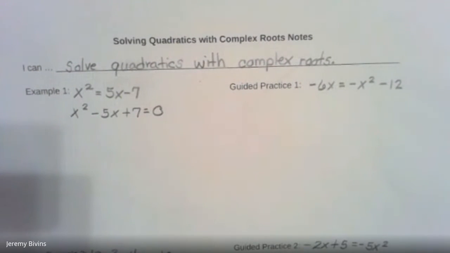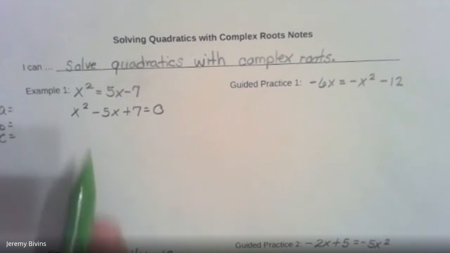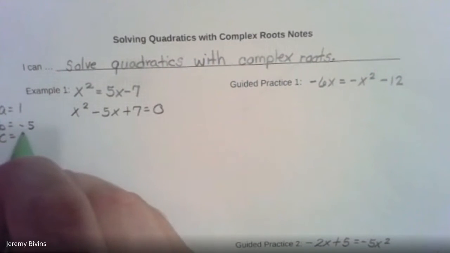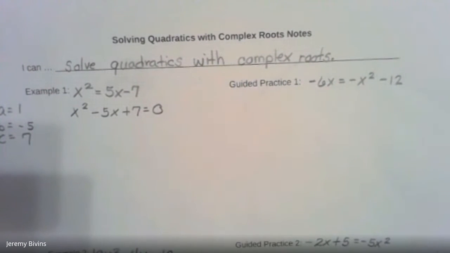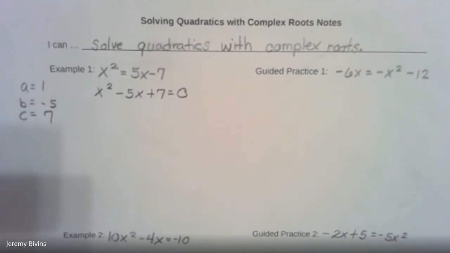Now, like we did in the bell ringer, we want to label the A, the B, and the C based on this problem. Here, A is 1, B is negative 5, C is 7. And let me scoot that over so you can see that a little bit better.